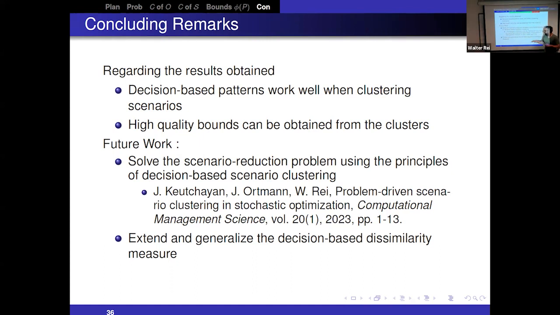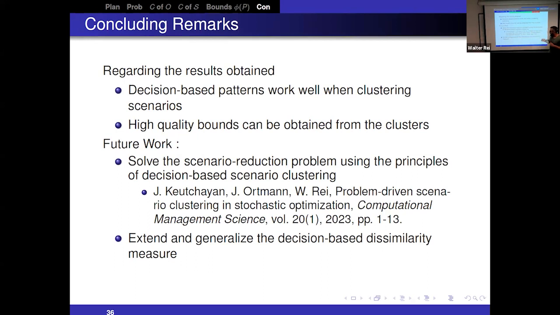But in a follow-up paper that has now been published, we showed that this idea of using these representative solutions can be leveraged when you're directly trying to solve the scenario reduction problem. So when the idea is to say, I'm clustering with the ultimate purpose of finding good representative scenarios that can then be used to reduce the set. This was the follow-up work.